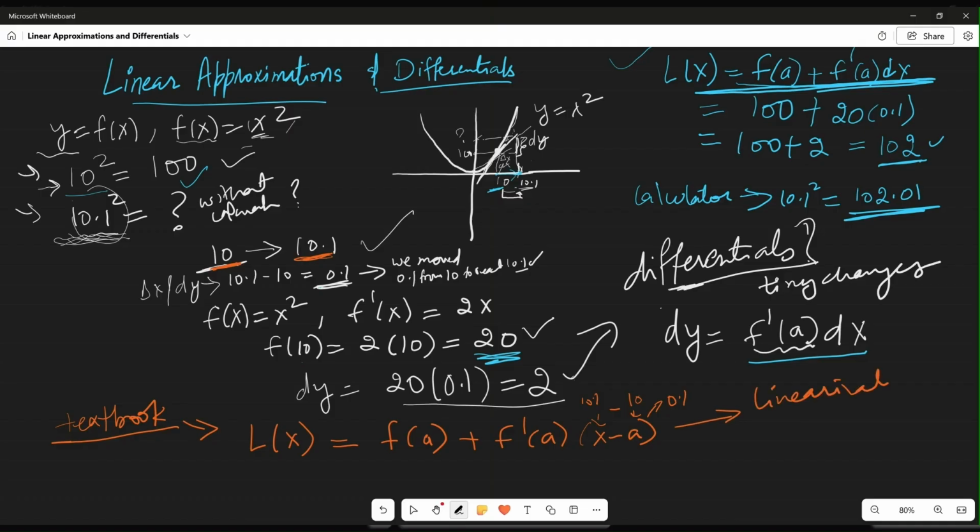linearization. And then you would see another equation, which is that this linear approximation or tangent line, since this is a tangent, right? f of x is approximately equal to f of a plus the derivative of f of a times x minus a.